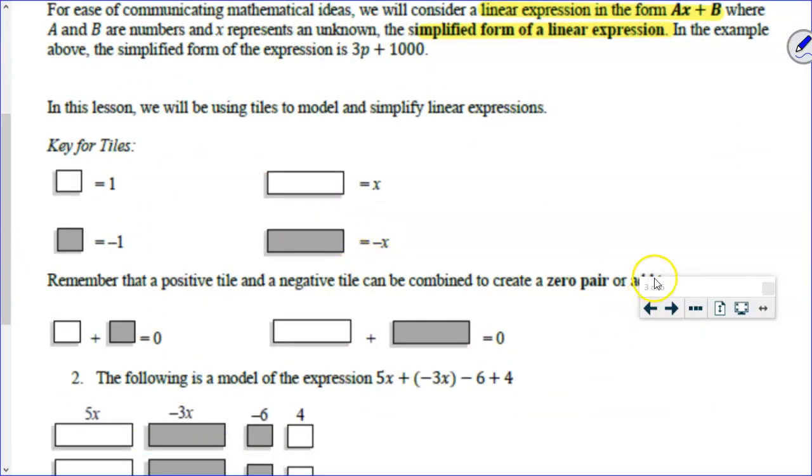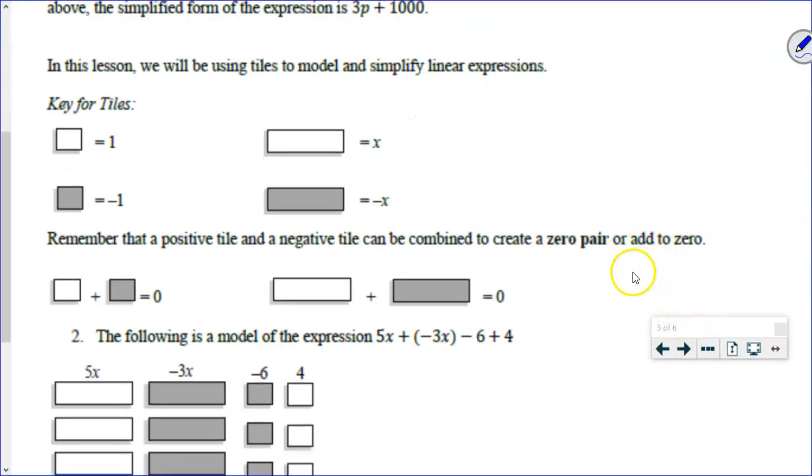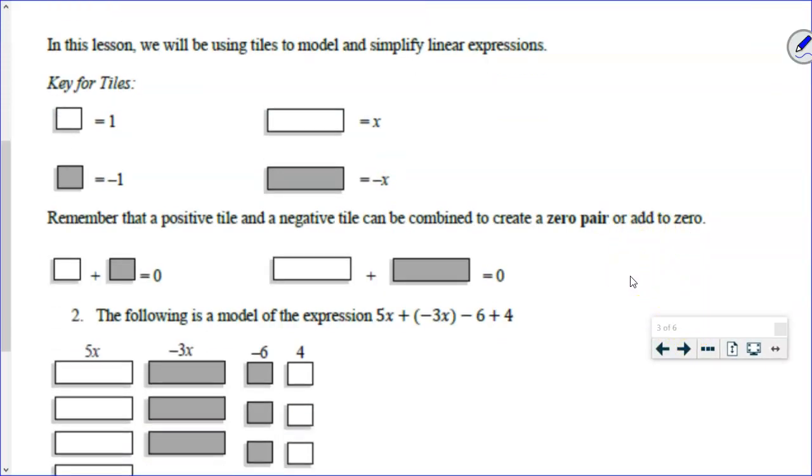And here is a quick key. We've already been using our algebra tile, so you already found ways that you can model them. I just want you to understand that as you're looking at this resource, this is the key that they're going to use. Positives are unshaded. So this is our positive unit tile. This is our positive X tile. They look very similar to what we were doing previously.